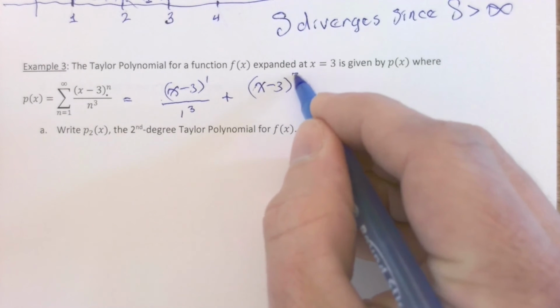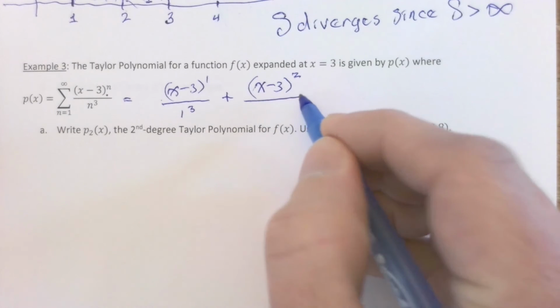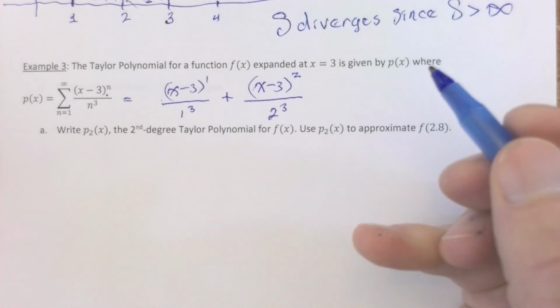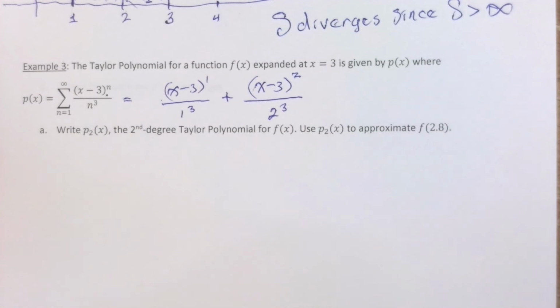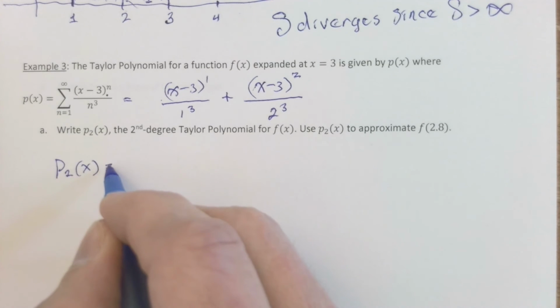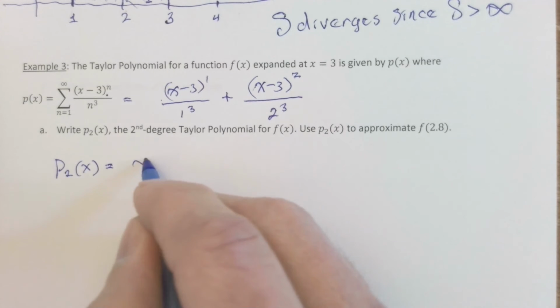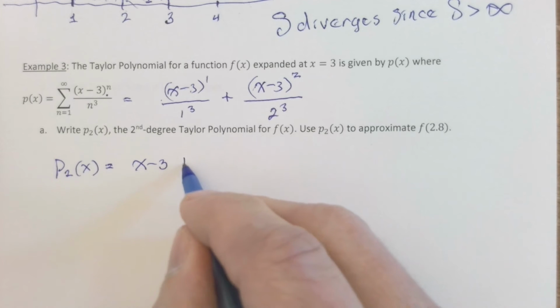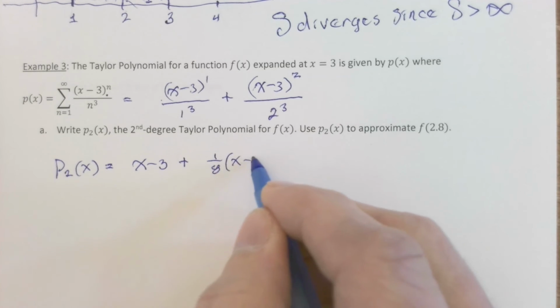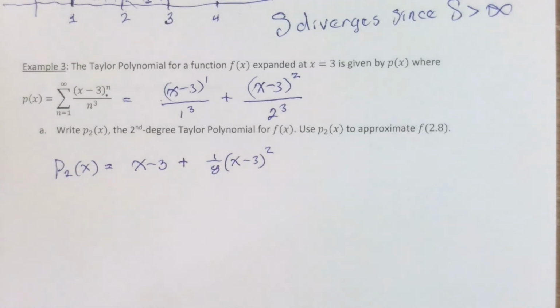And you may consider this done at this point. It's second degree after all, right? So my answer would be, first of all, the second degree or quadratic Taylor polynomial expanded around x equals 3 would look something like this: x minus 3 plus 1/8 (x minus 3) squared.